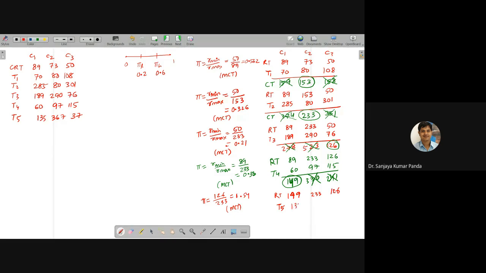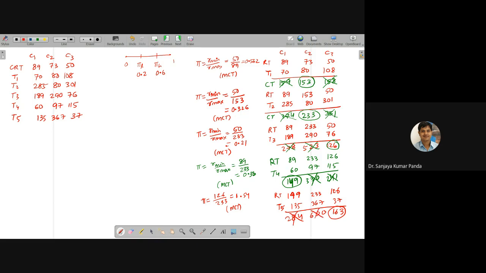So T5 is 135, 367, 37. Adding these up, the minimum is this one, right?